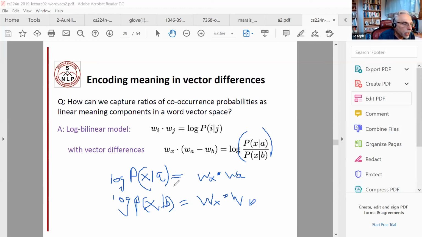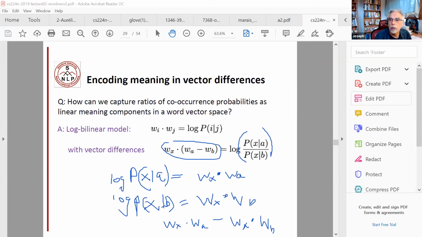So we basically have the numerator minus the denominator: wx times wa minus wx times wb. And as people pointed out, this is basically just the distributive property. You can factor out the wx and you get this, right? Wx occurs in both terms, so it's just wx times (wa minus wb).